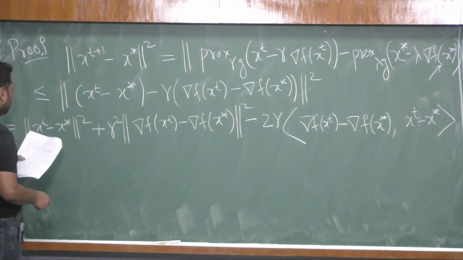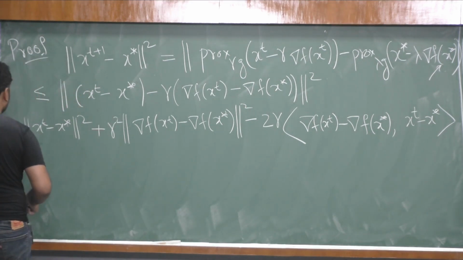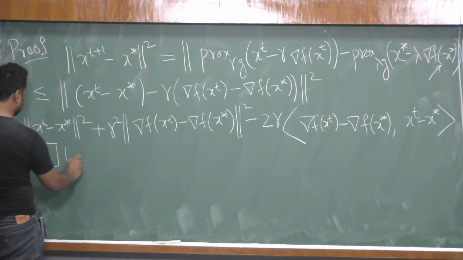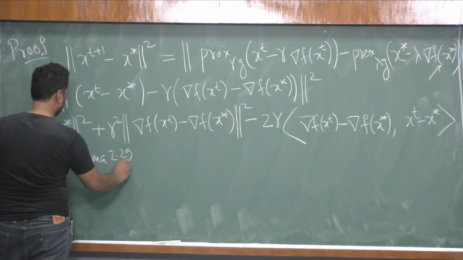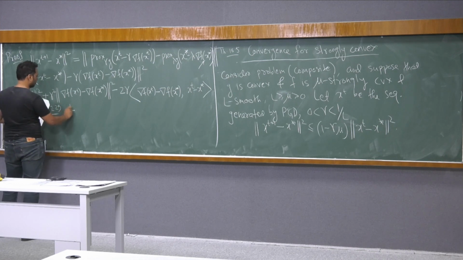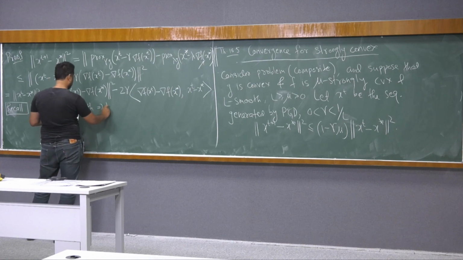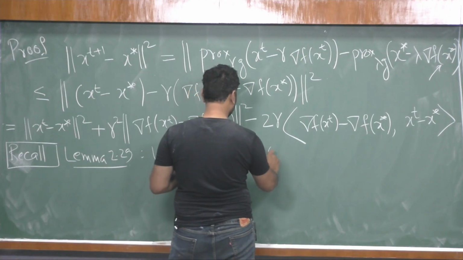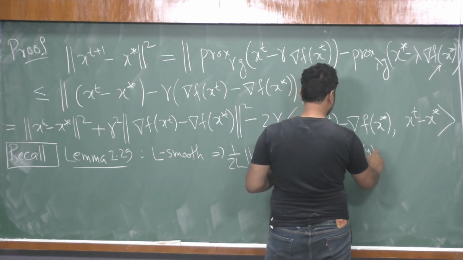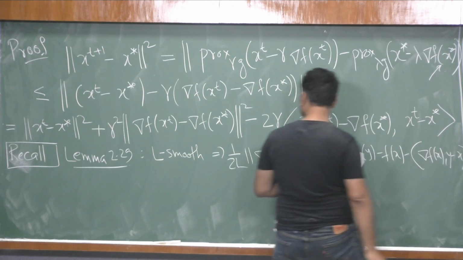So the coercivity of f, which comes from the L-smoothness. This was lemma 2.29, so let us recall lemma 2.29. It says that if a function is L-smooth, I will not write the complete thing, then this implies that 1/(2L) ||grad f(y) - grad f(x)||^2 is less than or equal to f(y) - f(x) - <grad f(x), y - x>.